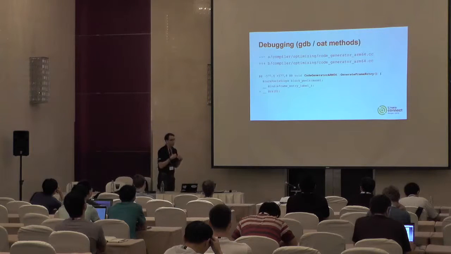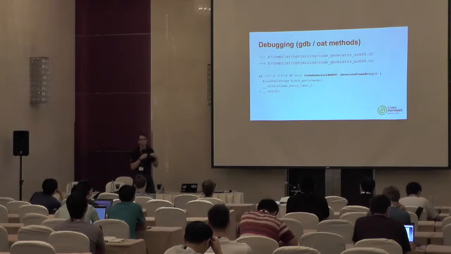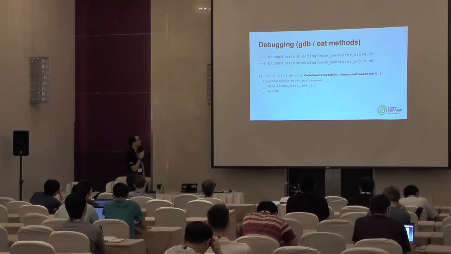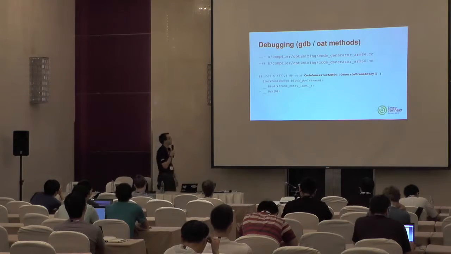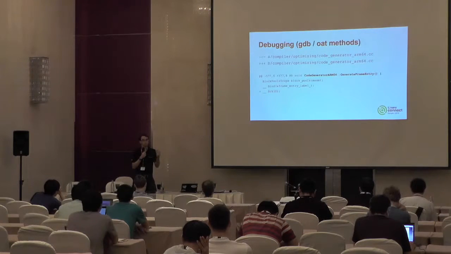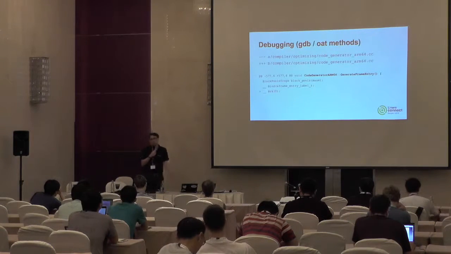So how can we effectively stop when we enter a compiled method? If you go into the code generator, in GenerateFrameEntry, and insert a break, then GDB will stop as it enters each oat method, which, for a simple Java program, can be really quick and easy. It's probably the second break to get into your test method and step through the generated assembly.